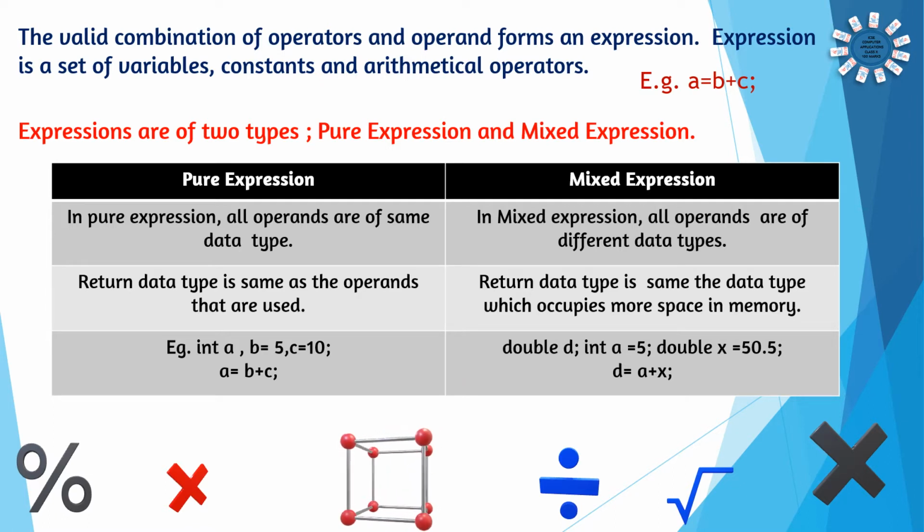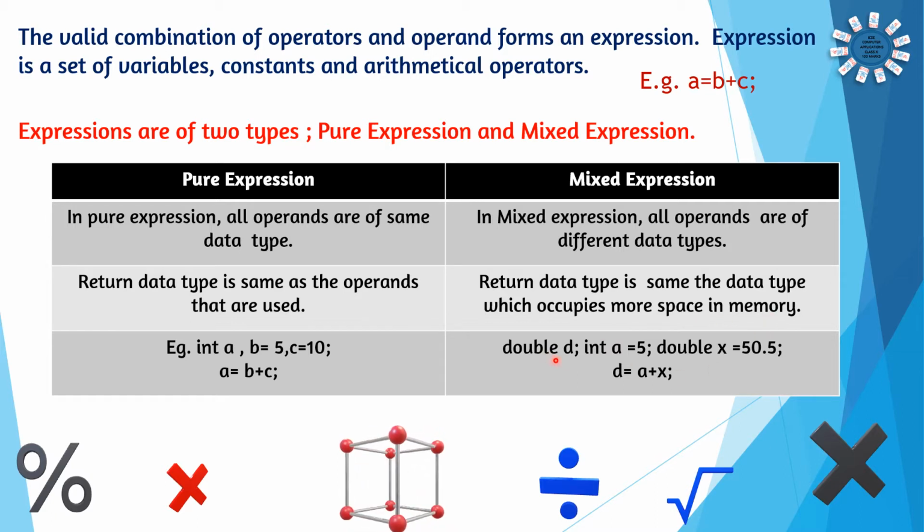The second difference is that in a pure expression the return data type is the same as the operands that are used. For example, B plus C, that means 5 plus 10, the answer is 15, and 15 is also an integer, the same as the operands that are used. We are using integers, so the return type is also integer. In a mixed expression, the return type is the same as the data type which occupies more space in memory.